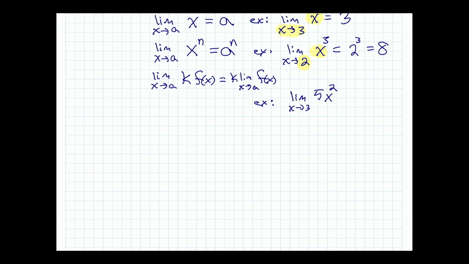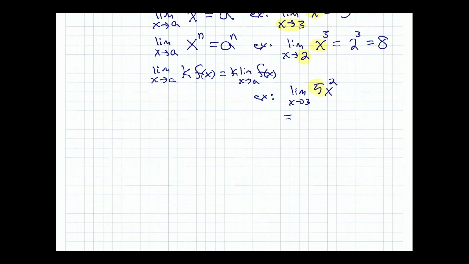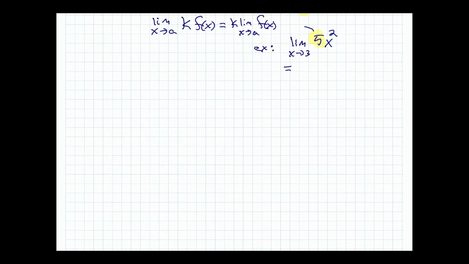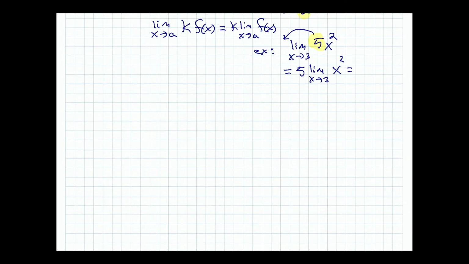The way you would evaluate that is you would say, okay, well, applying this rule, the 5 should just be able to move out in front. So if you do that, you get 5 times the limit as x goes to 3 of x squared. And of course, you already know how to evaluate the limit as x goes to 3 of x squared. You just put in the 3, so it's 5 times 3 squared, which is 5 times 9, which is 45, and then that would be your answer.